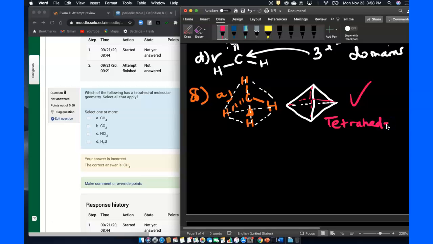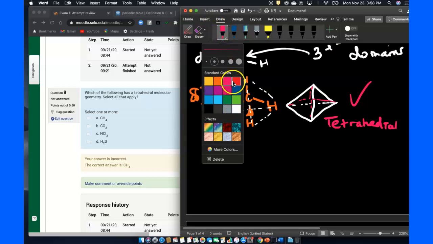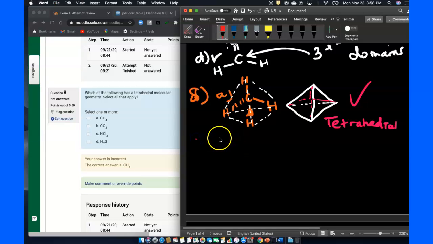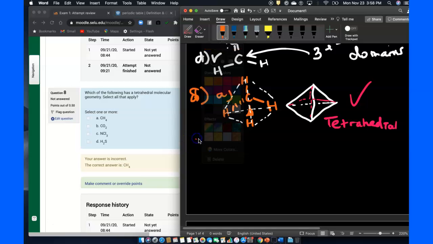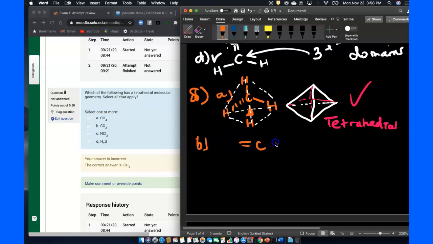It's not a pyramid. Don't confuse it with a pyramid, because here you have a central atom surrounded by 4 others. That's tetrahedral. If you look at CO2, it is linear. That cannot be the answer. If you connect these elements, you'll find that it's a straight line. Molecular geometry, straight line. And then trichloroamine.